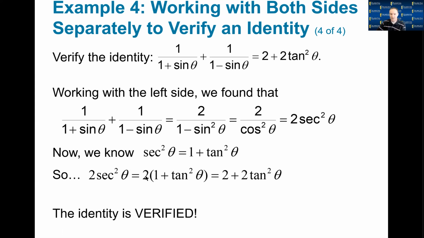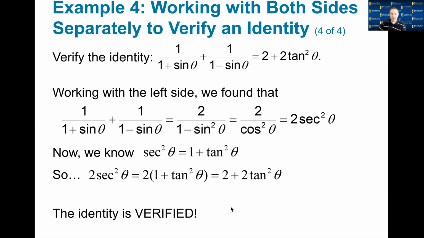You would have 2 times the group 1 plus tangent squared. Now, if you distribute the 2 through that group, you're going to have 2 plus 2 tangent squared theta. Gorgeous. That's precisely what we needed to do. So we can say this identity is verified.